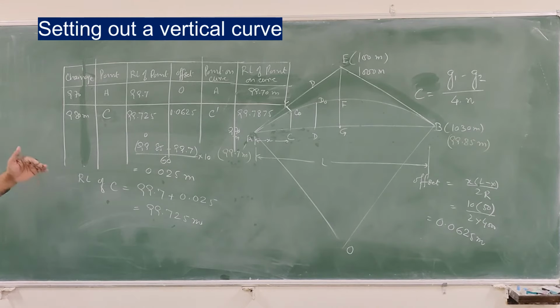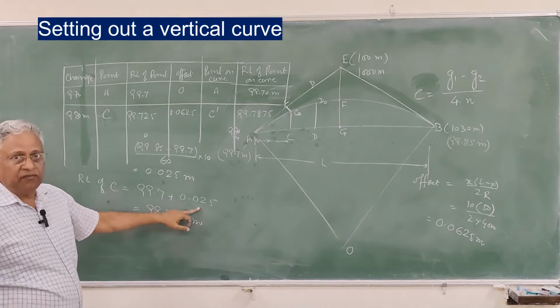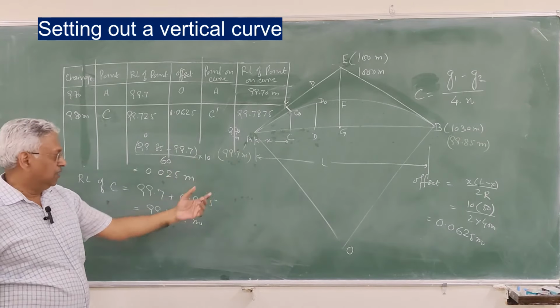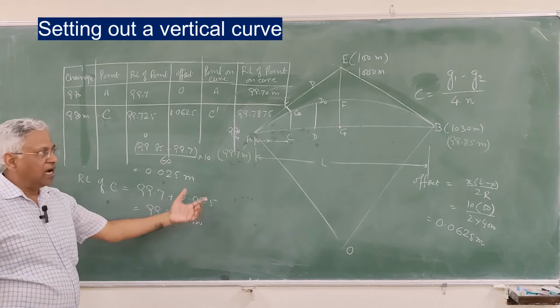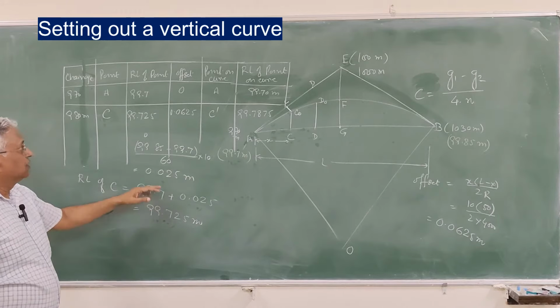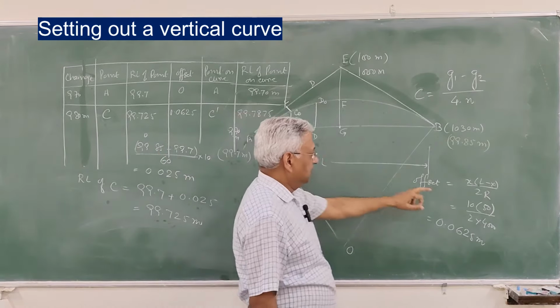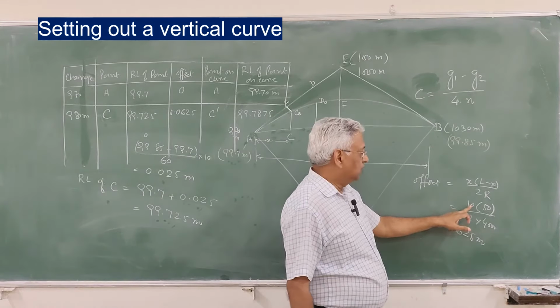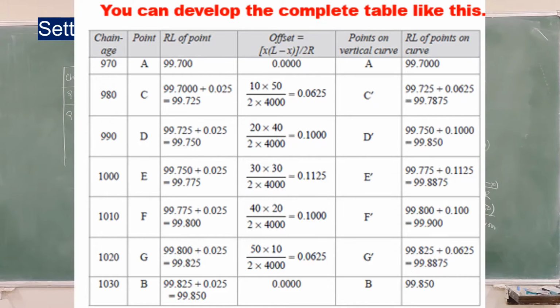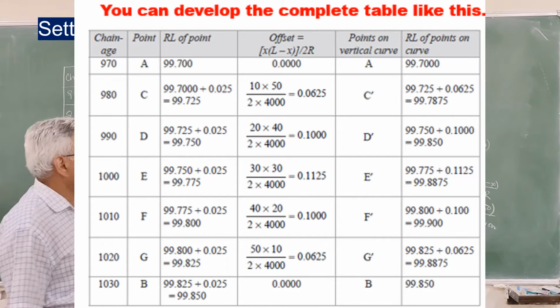That is how you can continue. You can have the next point D, its RL will be this plus 0.025, because every 10 meter you are increasing by 0.025 height, and then for D0, x will be 20 now, 20 into 40 divided by 2 into 4000, that will give you the offset.